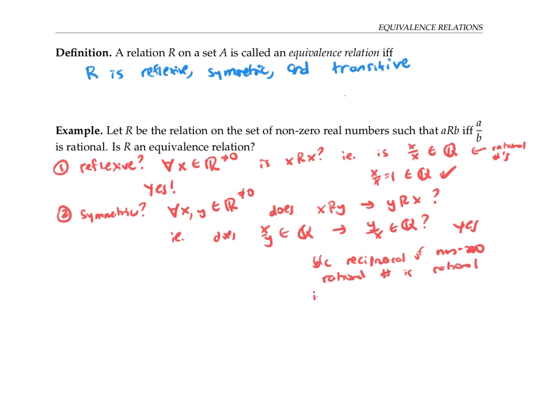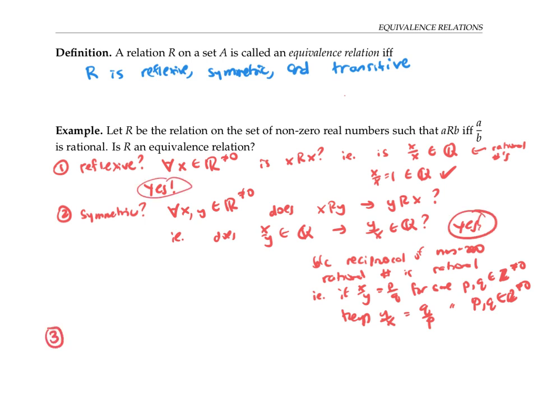In other words, if x over y is equal to p over q for some non-zero integers p and q, then y over x is going to be equal to q over p for non-zero integers p and q. And so it will also be rational. Therefore, the relation is symmetric.